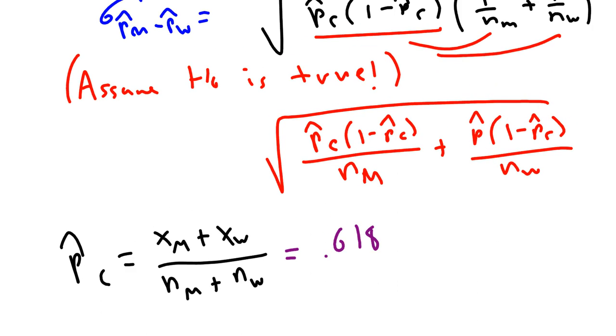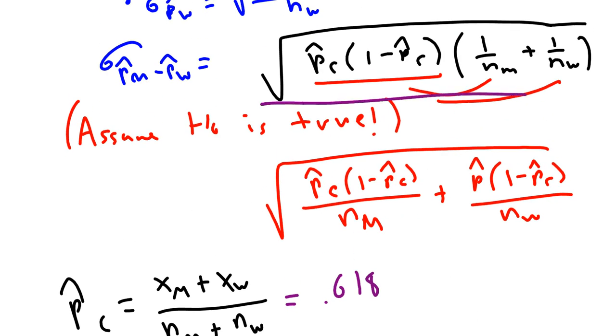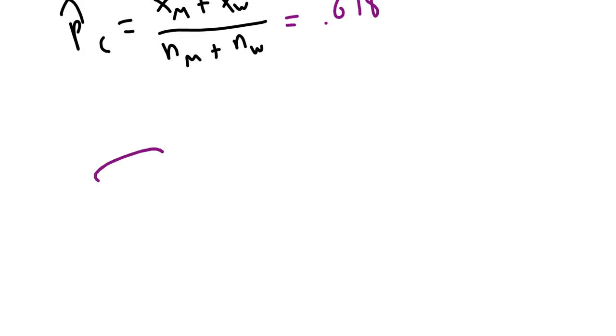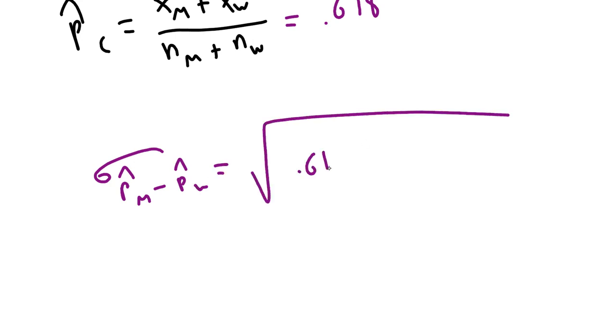Of the two formulas, I'm going to use this top one here just because it's a little less writing for me. So I'm going to say that the standard deviation of p hat sub men minus p hat sub women equals the square root of 0.618 times 1 minus that.